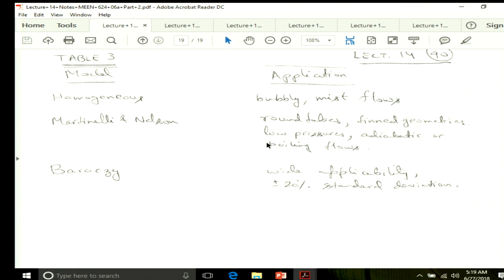Now, if you have round tubes, fin geometries, low pressures, adiabatic or flow boiling, then you use the Martinelli and Nelson correlation.